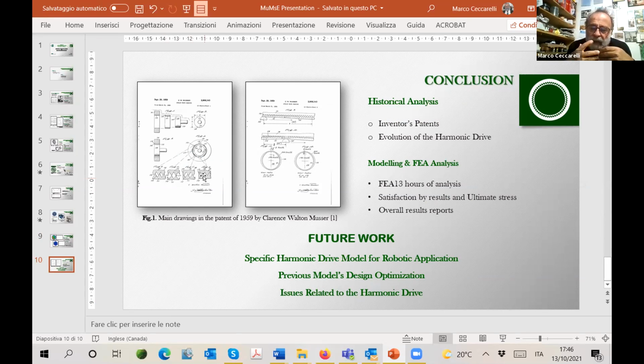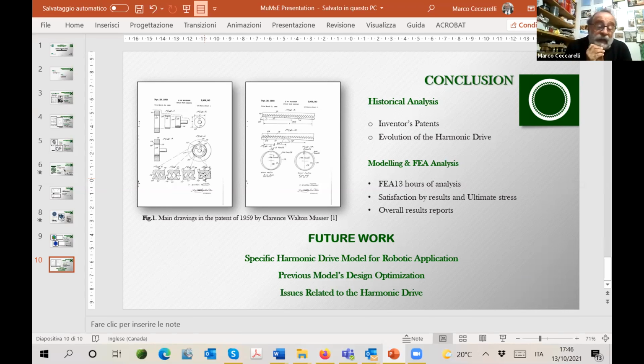The flexible spline, which has 2 or 3 teeth less than the rigid gear, has a movement between the two teeth.